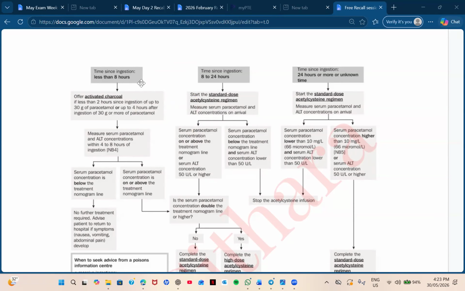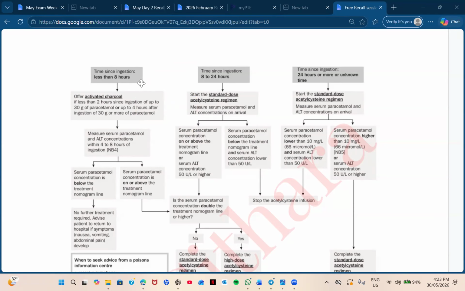If it is less than 2 hours and the patient ingested up to 30 grams, that means less than 30 grams of paracetamol, right? And if the patient presents within 4 hours and more than 30 grams of paracetamol has been ingested, you can still give activated charcoal.